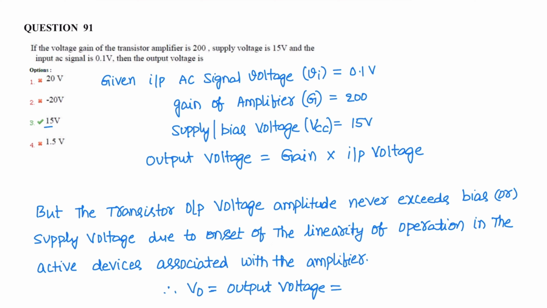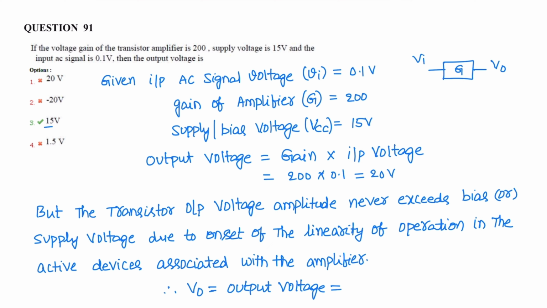So in an amplifier, we know that input voltage multiplied with gain will result in output voltage V0. So output voltage is gain into input voltage. Given gain of amplifier is 200, input voltage is 0.1 volts. Therefore, output voltage is 20 volts.